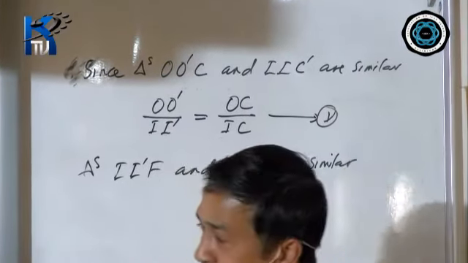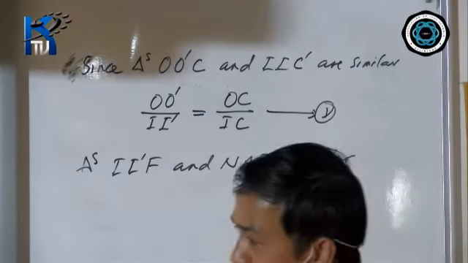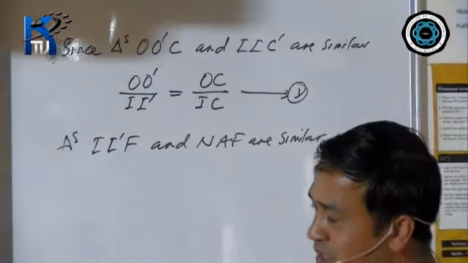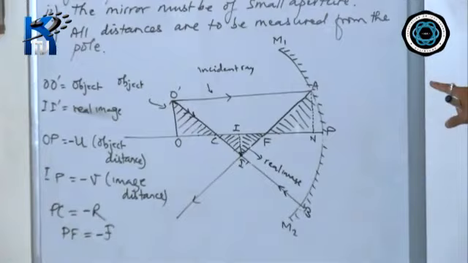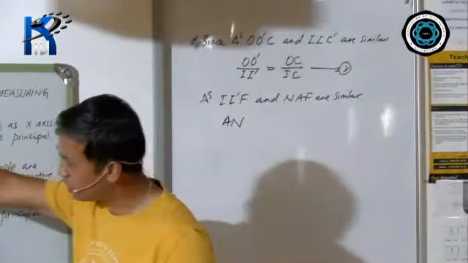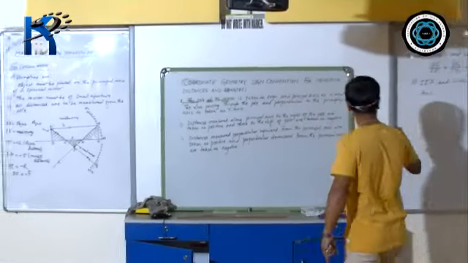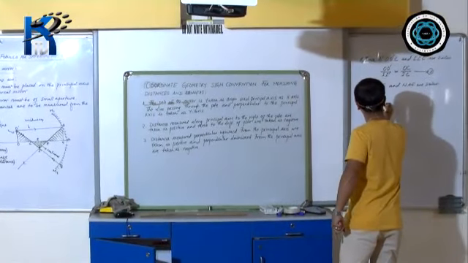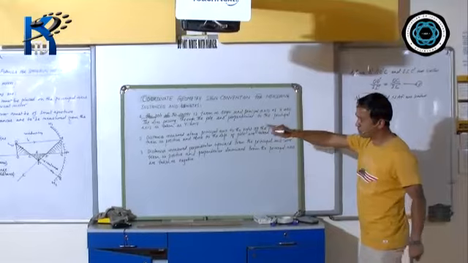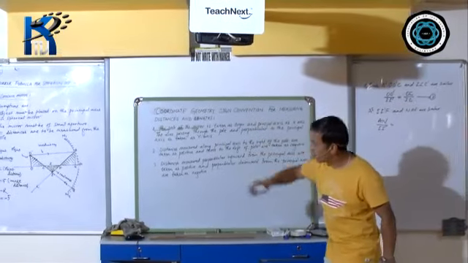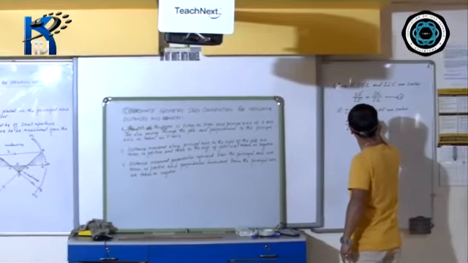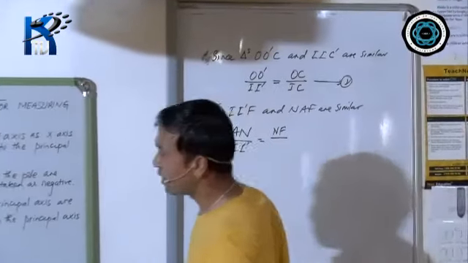When two triangles are similar, the corresponding sides are proportional. So I take two corresponding sides as per the diagram. I take AN, one of the perpendicular sides of the triangle, by II', the other perpendicular side of the triangle, which is proportional to NF by IF.